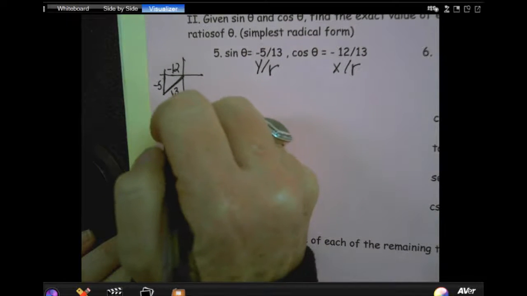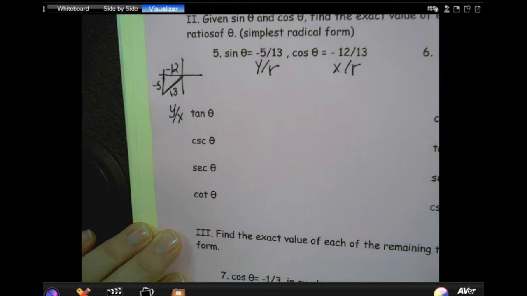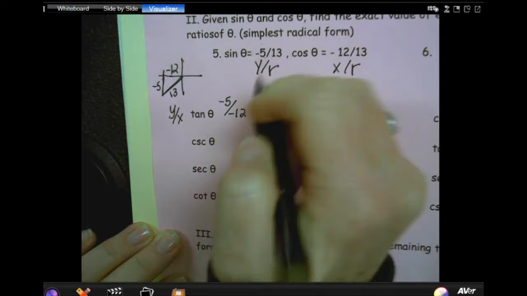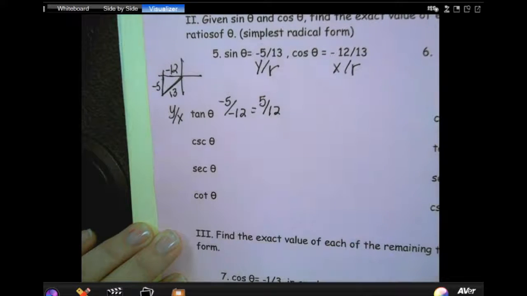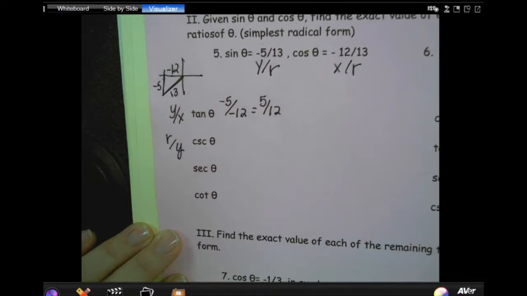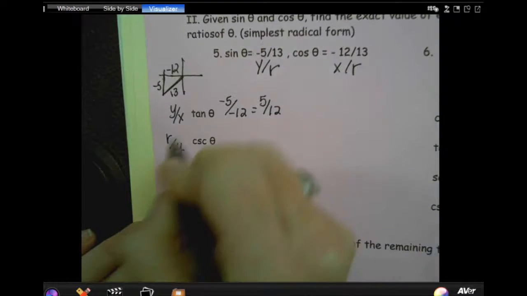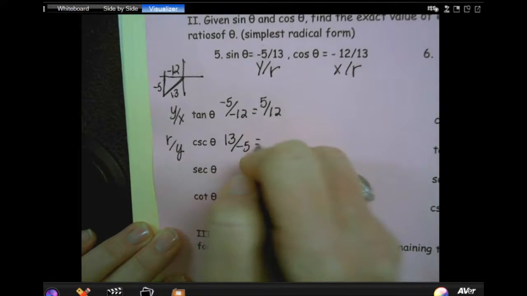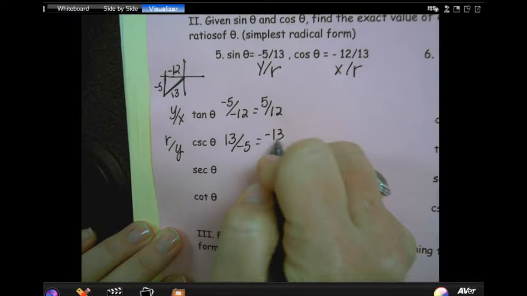Now the tangent is y over x. So what's my y value? And my x value? So a negative divided by negative is positive. The cosecant is the inverse of sine, so that's r over y. And you told me that my r is 13 and my y value is negative 5, so does it matter which way I write it?